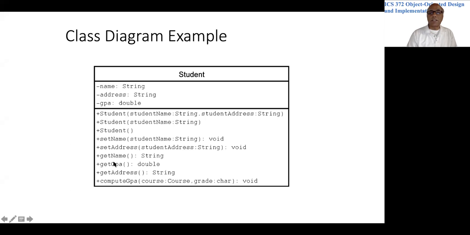Then in the third box, we put all the constructors and methods. Student is a constructor. It has these parameters. Notice the way the parameters are written. We put the parameter name, put a colon, and then put the type, then put a comma, etc., etc. And we are supposed to put all the methods here, but you will find that this is going to be a really difficult task when you have more than a few methods.